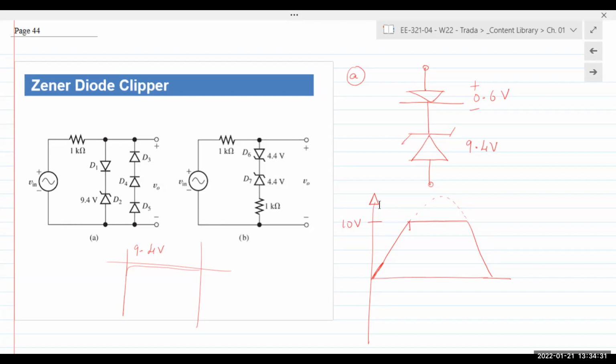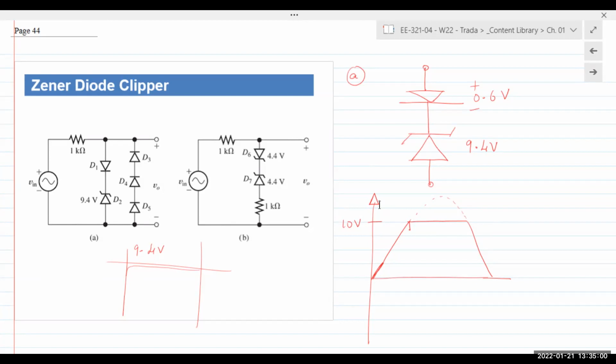And as soon as it crosses 10 volts, D1 and D2 both turn on. And when they both turn on, it behaves like a short circuit. Zener regulator, remember, once it turns on, it keeps the output voltage constant by driving all of the current through it. So even if the input is increasing, the current through the Zener will increase, but the current going to the output is not.